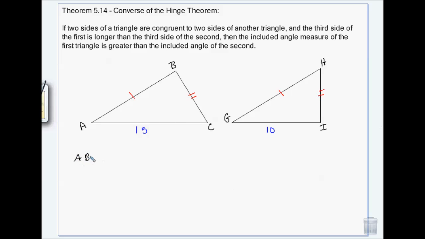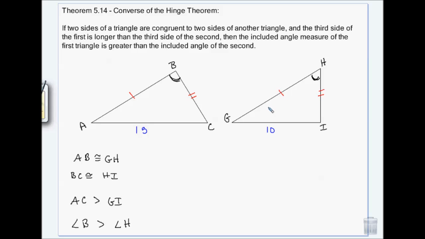So I have AB is congruent to GH and BC is congruent to HI. Well, then if the third side is larger in one triangle than the other, that means that the angle, so this leg being longer than this leg means that this angle is larger than this angle.